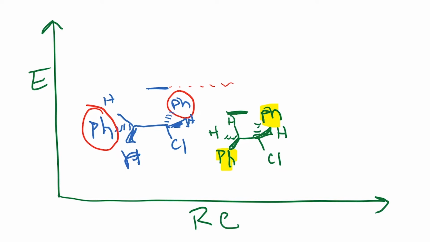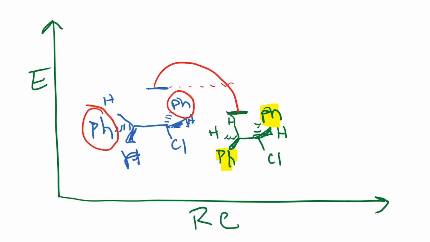Now, what we know from various experiments and theoretical calculations is that the barrier to conversion is actually not very large. People have estimated this to be somewhere between 10 to 15 kilojoules per mole, which is easily accessible at room temperature. Even if you go to a slightly lower temperature, you might slow this down, but it's still going to happen very rapidly.